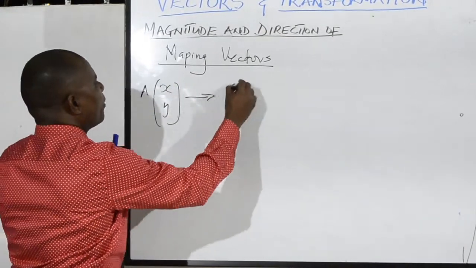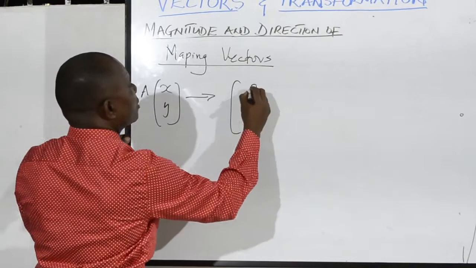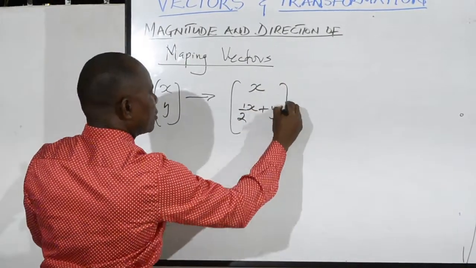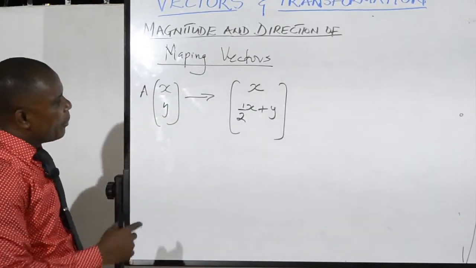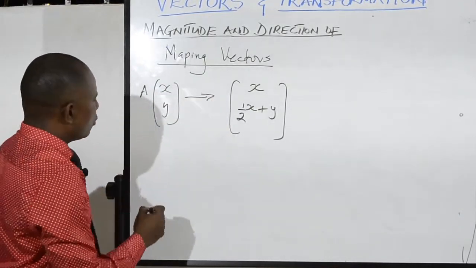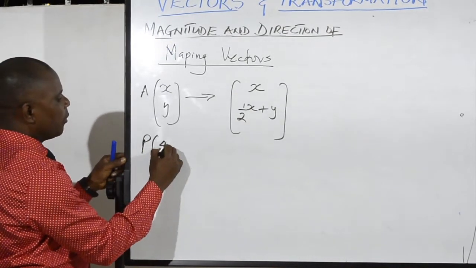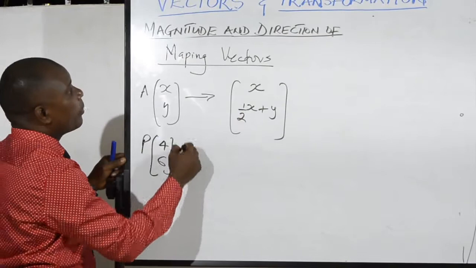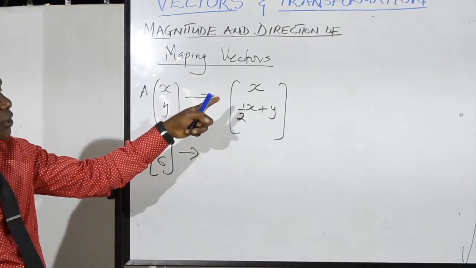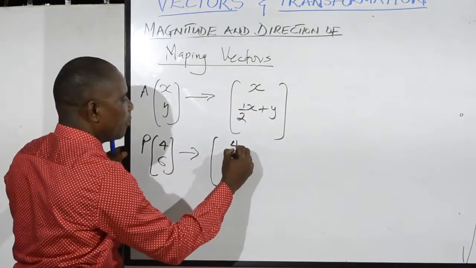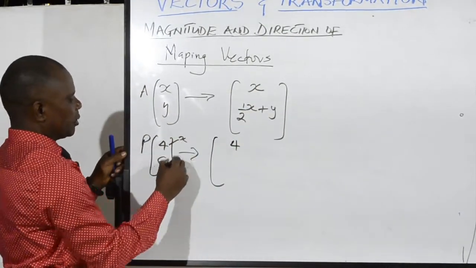I want to map it such that it becomes x and half of x plus y, something like that. So I can map vector p. Let's say vector p is 4 and 6 again. Here I want to map it there using this condition. So it tells you, bring the x, that's 4, that's the x there, this is x and this is y.